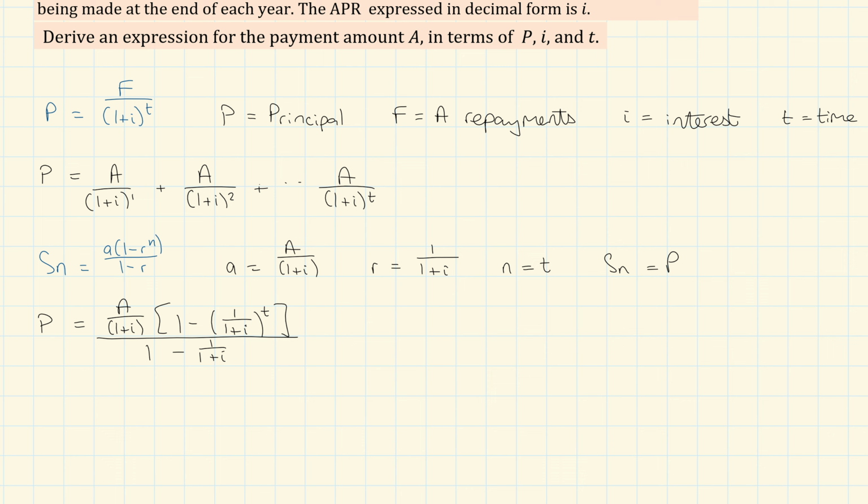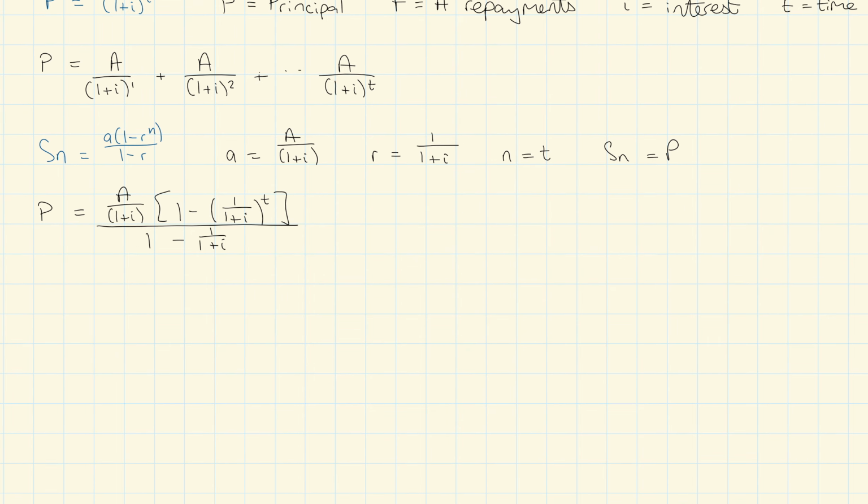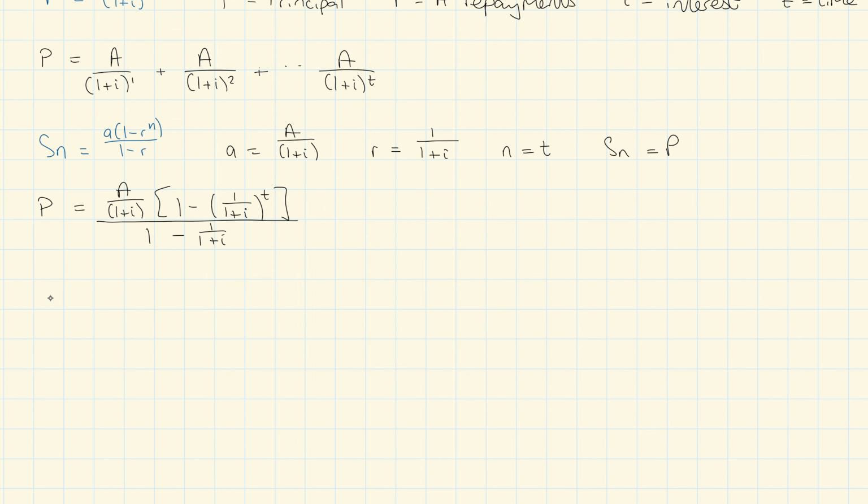Okay, so our goal, because we've been asked to derive an expression for the payment amount A, is to rearrange this formula so we have A is equal to. So we'll cross multiply by the bottom, so then we get P on 1 minus 1 over 1 plus I, and then that's all going to be divided by this square bracket.